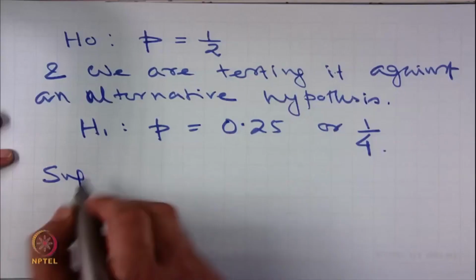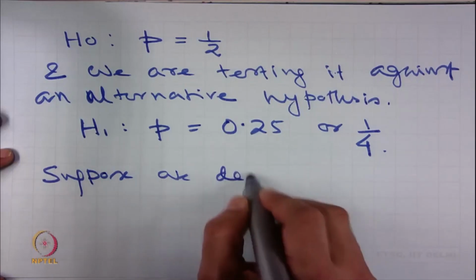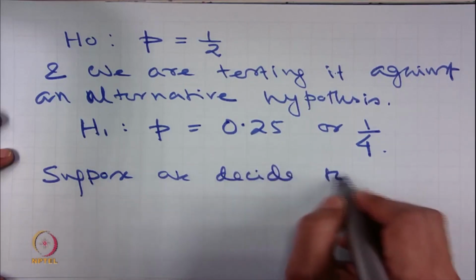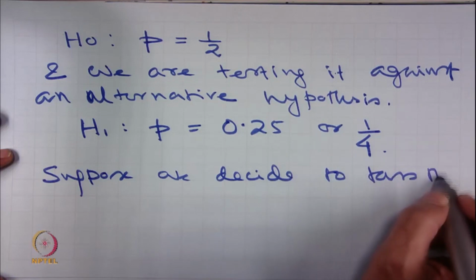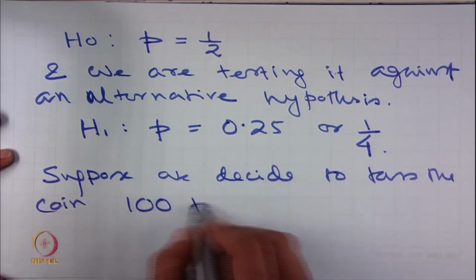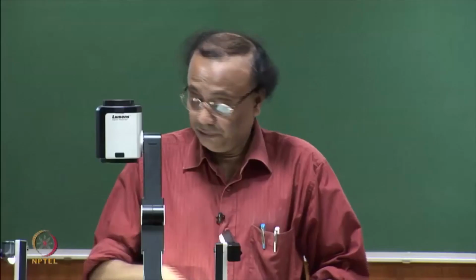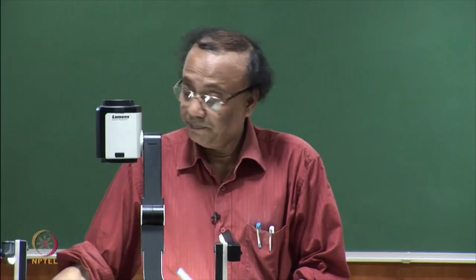Suppose we decide to toss the coin hundred times. Then what is going to be the sample space?